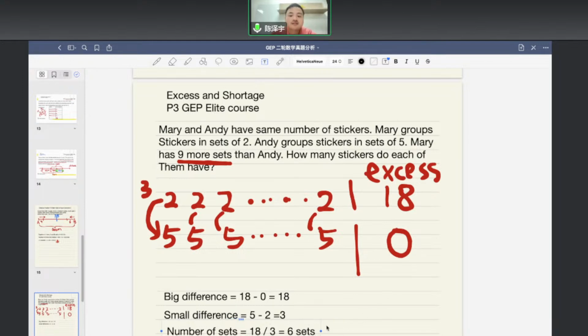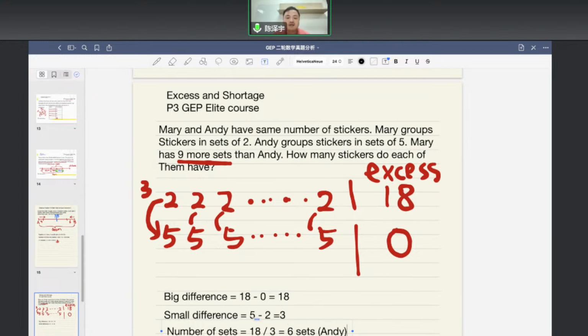This 6 sets is when, just now like I said, I treat both of them as packing the same number of sets. Let me just write down here. So now I want to find how many stickers each of them has. We know that each of them has the same number of stickers.